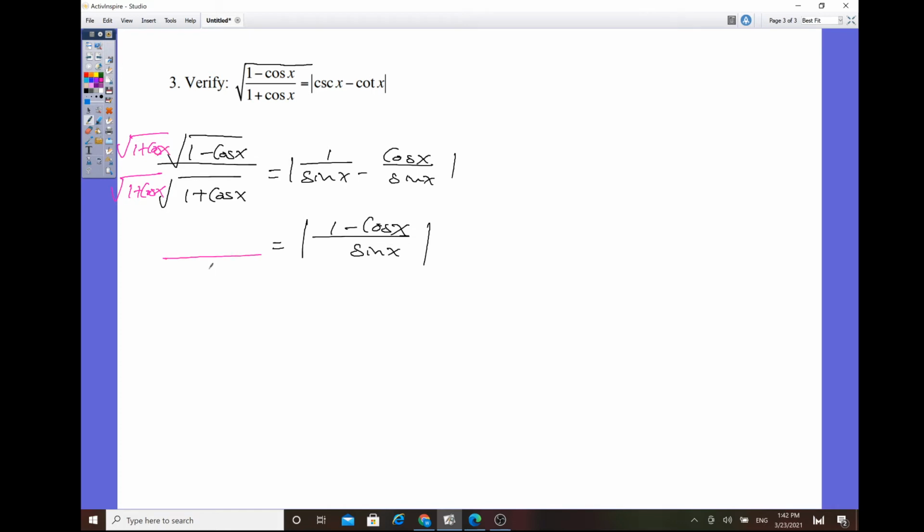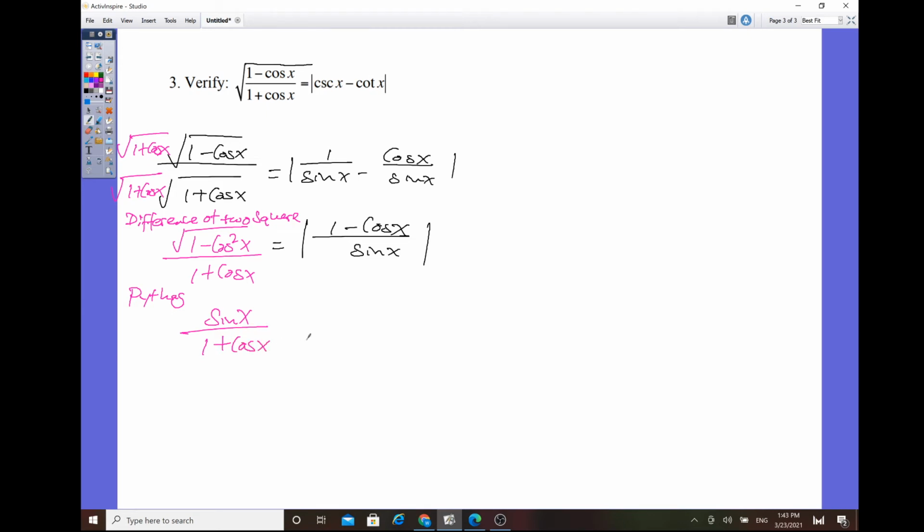The denominator turns out to be 1 plus cosine of x, and the numerator turns out to be the square root of 1 minus cosine square of x, because once you multiply this out, it's a difference of two squares. And using the Pythagorean identity, it's the same as sine of x over 1 plus cosine of x.